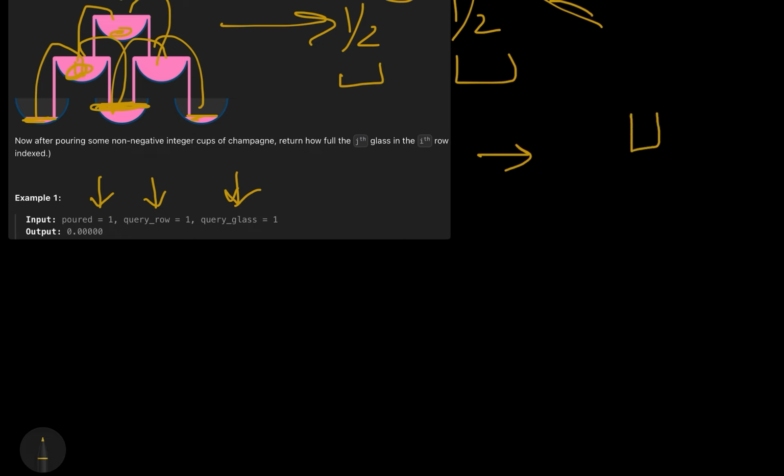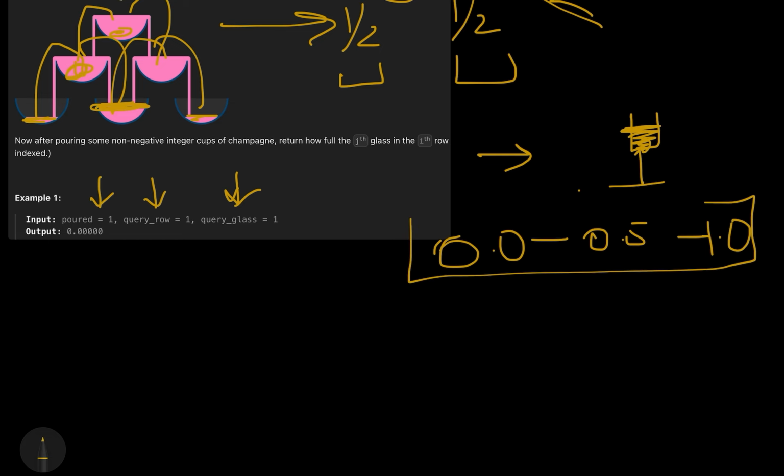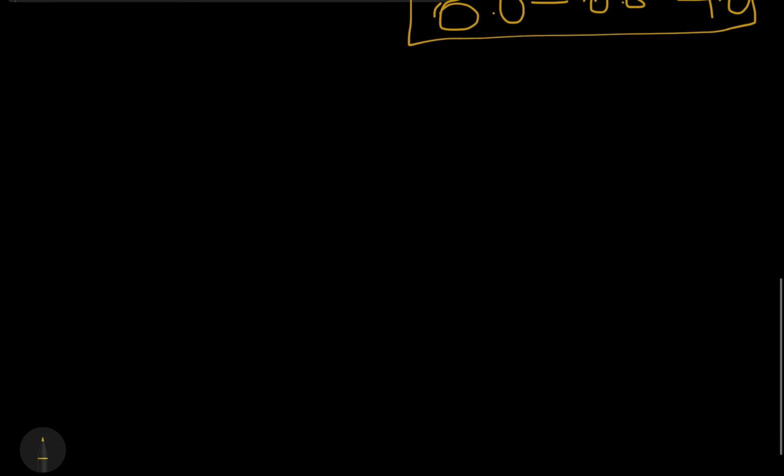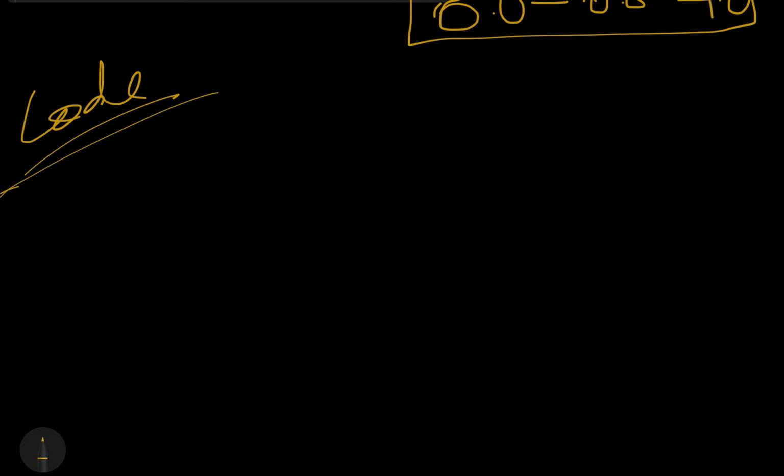What we have to return is how full the glass at the query row and query glass is. That can be anywhere from 0.0 to 1.0. So let's see how to do it by code.